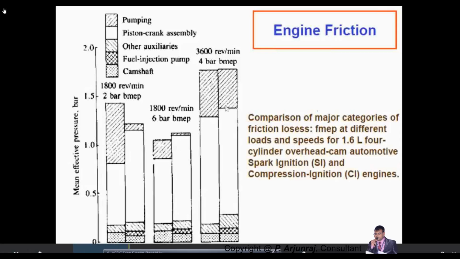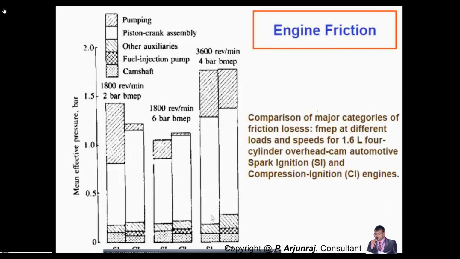Yes, the RPM is going to be higher. So this is one P2 you can see here, and on the other side, the rate of the mean effective pressure is still much higher when compared to the other RPMs. This itself is a clear indication that the friction of the engine is going to be higher when the engine is running at higher RPM.